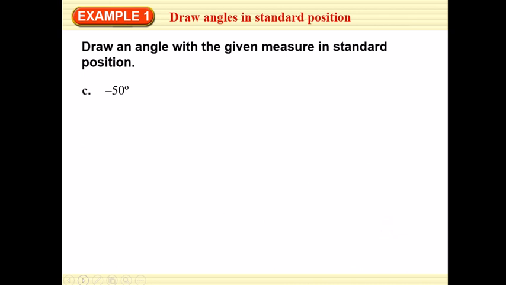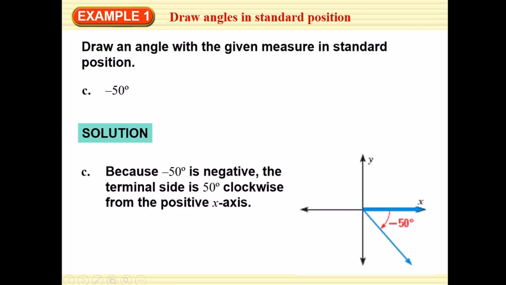Example 1c, negative 50 degrees. As I discussed in the beginning, a negative angle would go clockwise instead of counterclockwise. Because it is negative, the terminal side is 50 degrees clockwise. So here's my initial side.